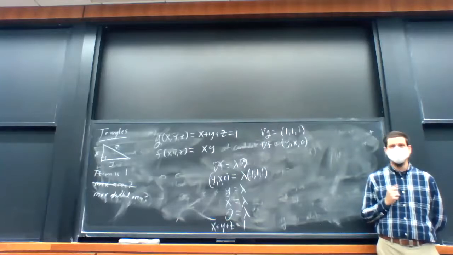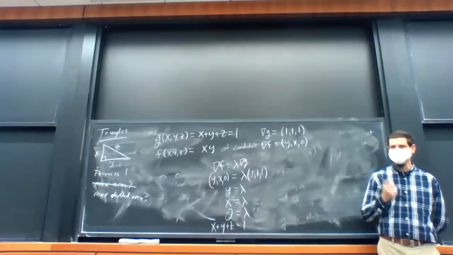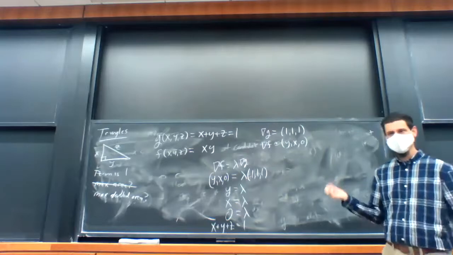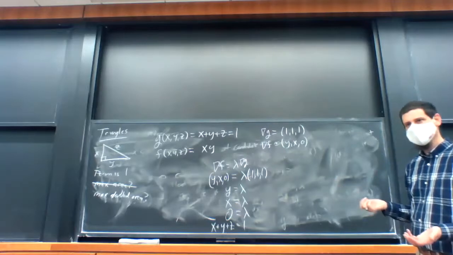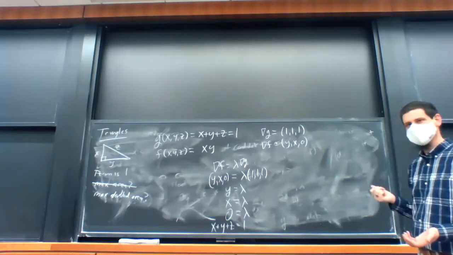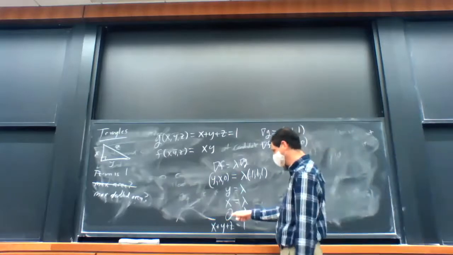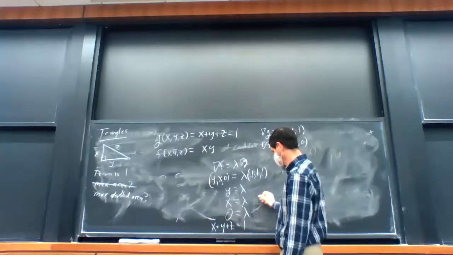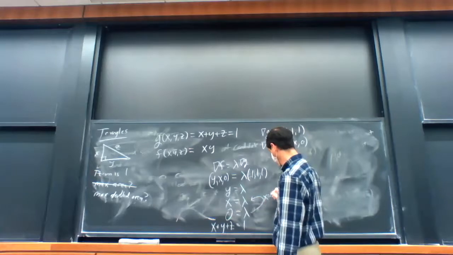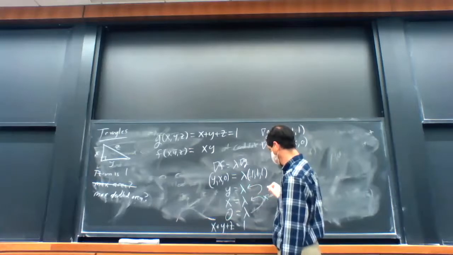Is anybody worried? Okay, why are you worried? Don't you trust me? I mean, it's been a good chunk of the semester already. What's making you a little worried about this? Yeah, the 0. So if lambda equals 0, what does this mean about x? It means x is 0. And then what does this mean about y? Also 0.